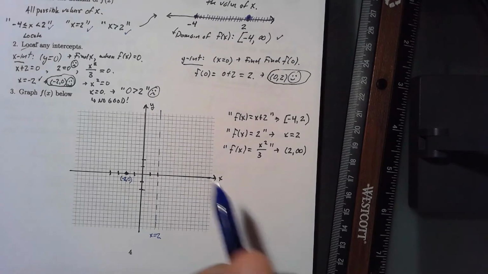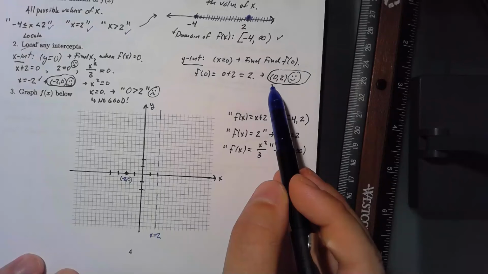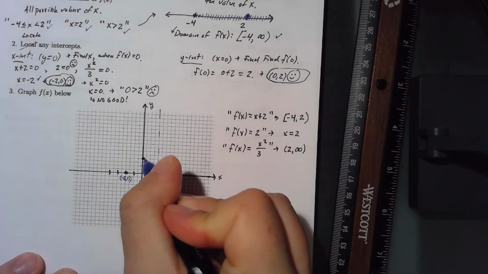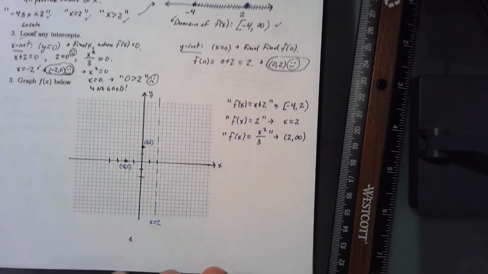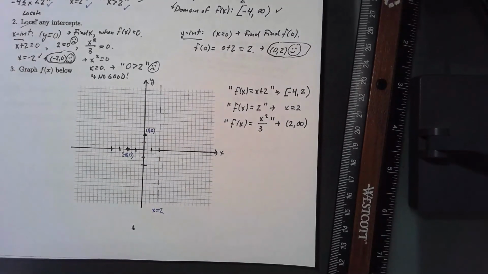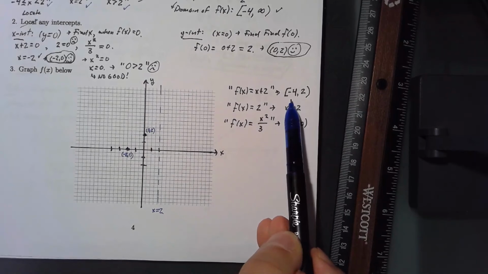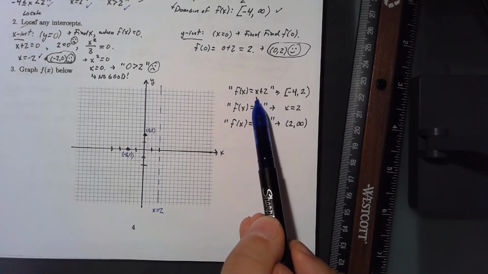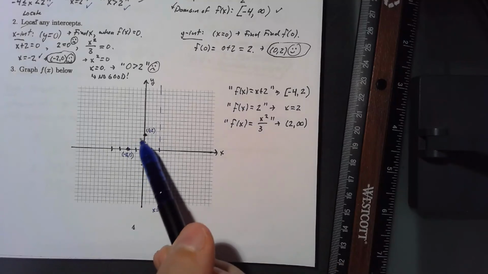The y-intercept I have is 0, 2, which is right there. So, as you can see, from -4 to 2, I have a straight line. I have a linear equation, x plus 2. And you can see from the points right here that they form a straight line.